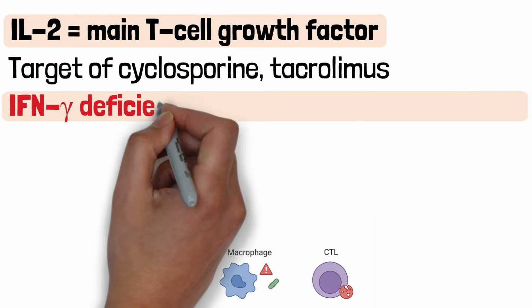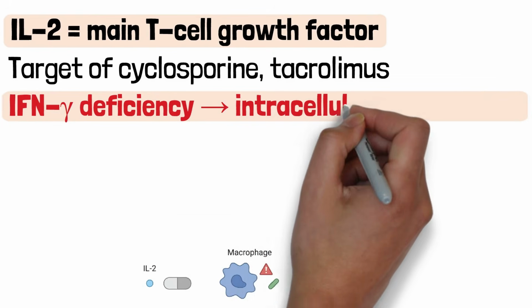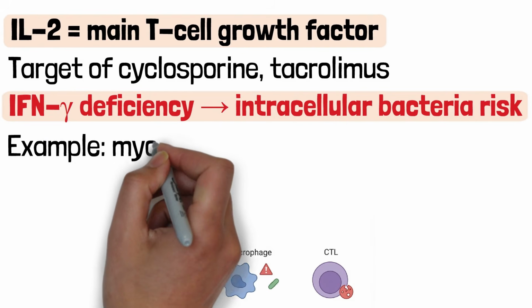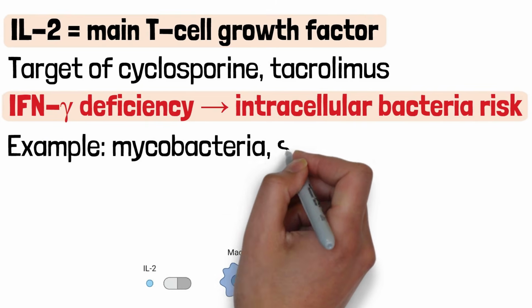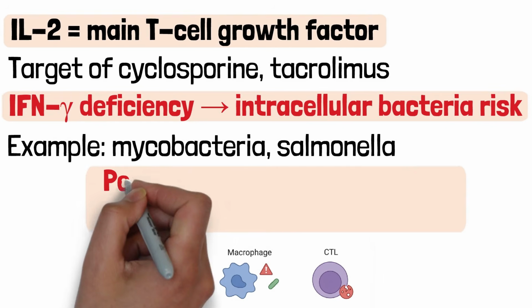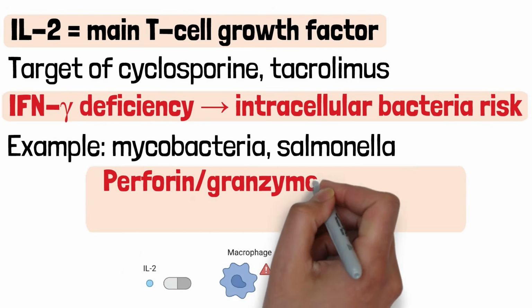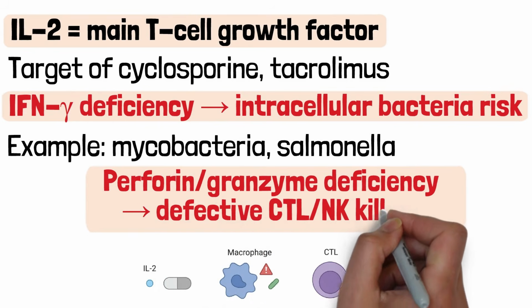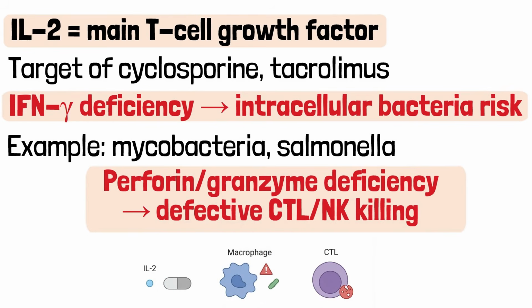Second, IFN-γ activates macrophages and boosts MHC expression, so a deficiency in it leaves you susceptible to intracellular bacteria like mycobacteria and salmonella. Third, perforin or granzyme deficiency, seen in familial hemophagocytic lymphohistiocytosis, results in defective CTL and NK killing.